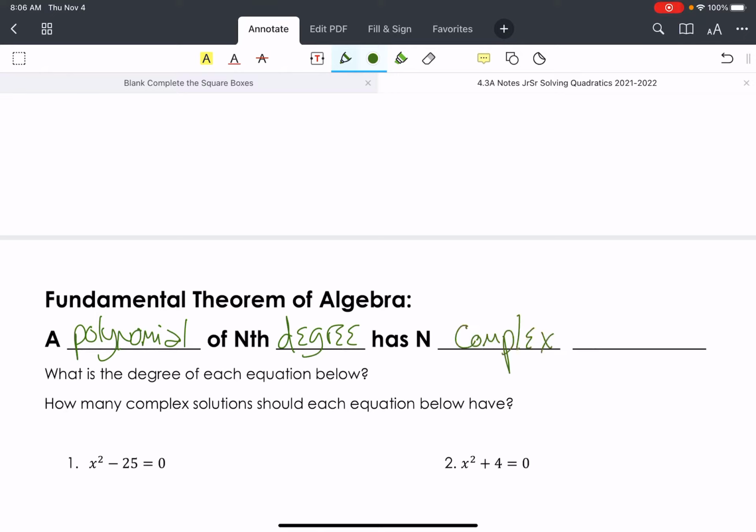complex solutions. Do you remember what complex numbers are? Think of our big Venn diagram in Unit 2. What's a complex number? Anyone remember? You guys are breaking my heart. Some of you drew adorable cartoons about it for me.